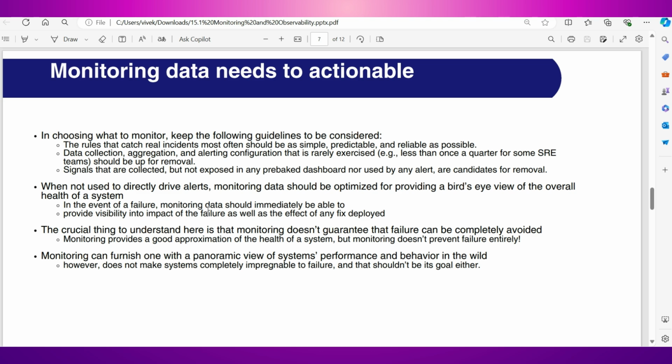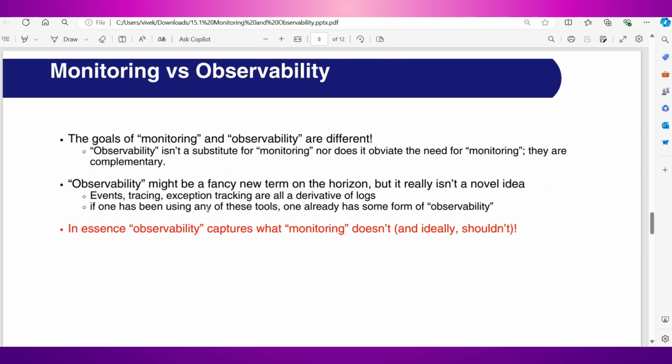Okay, the next is monitoring and observability. The goal of observability is not to replace monitoring; they are completely complementary. Observability captures what monitoring does not and ideally should not.